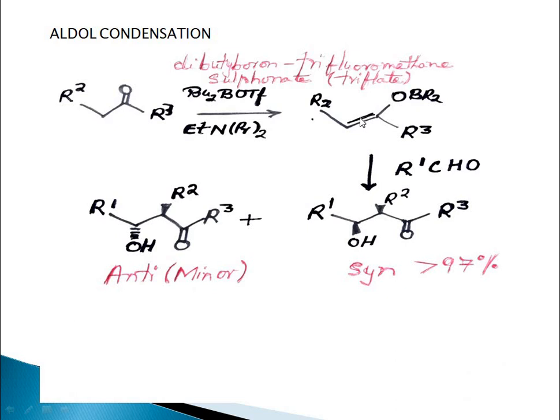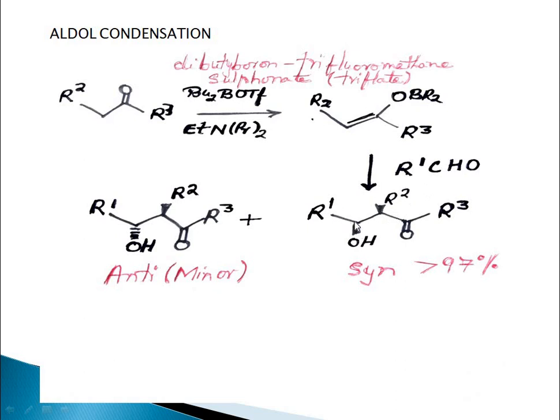So this is the Z enolate which is formed, and on condensing with R1CHO, the aldehyde, the carbon becomes positively charged, so it will attack this electron pair, pulling it towards itself, and a new carbon-carbon bond and 2 chiral centers will be generated.